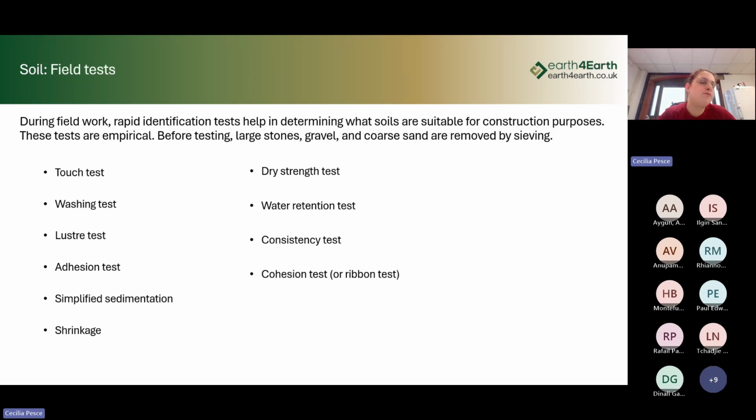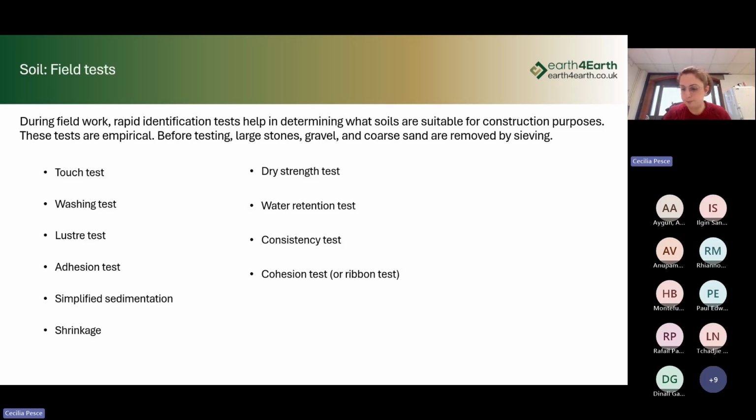They are very empirical, quite rudimentary, but very useful to have an idea of the type of soil. So just like touching or cutting the soil with a knife and seeing how shiny it is. So this type of very simple test, but very useful to see what's the texture, how plastic it is.